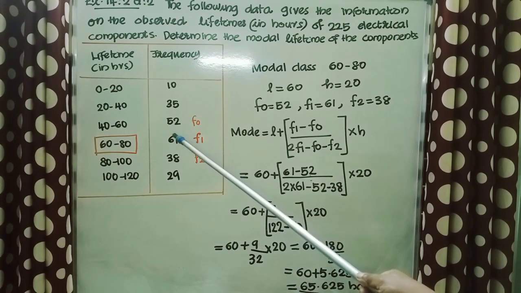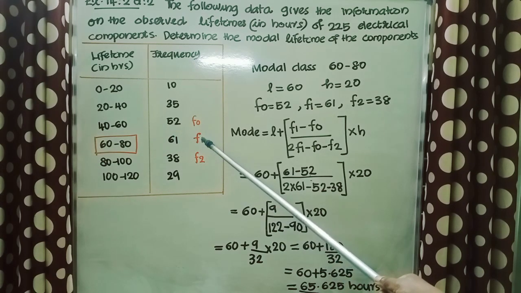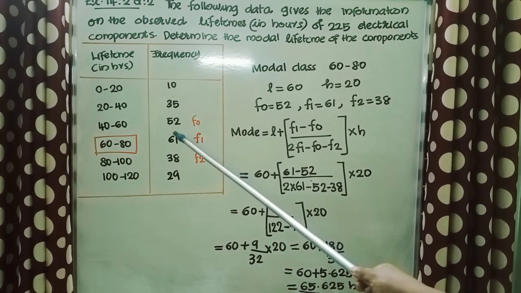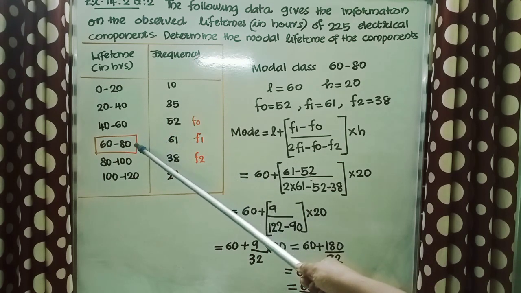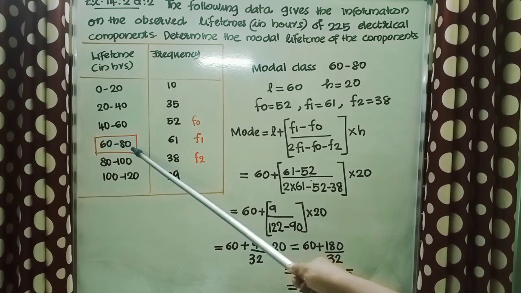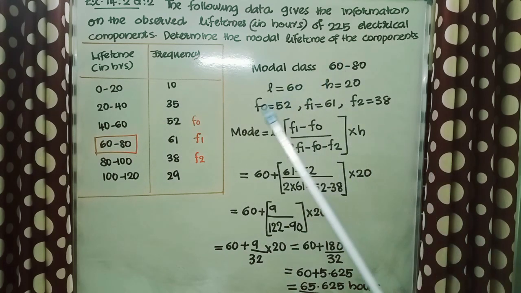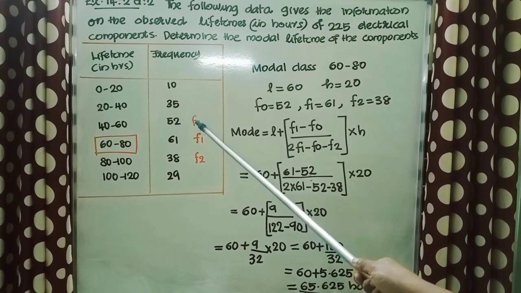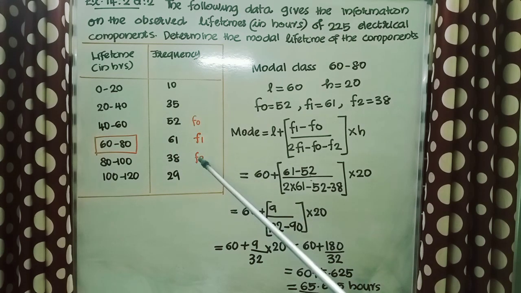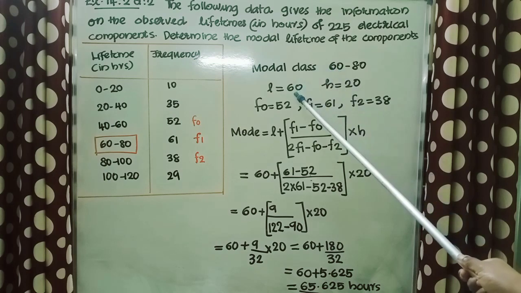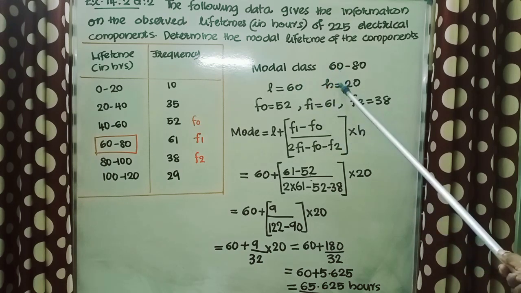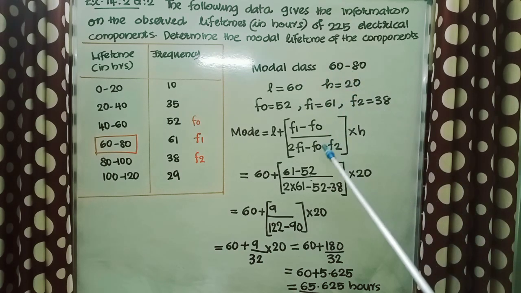Here you can see the highest frequency is 61. So we can select it as F1, and the class interval corresponding to 61, that is 60 to 80, is the modal class. Here 52 is F0 and 38 is F2. Lower limit of the modal class L equal to 60, class size H equal to 20.